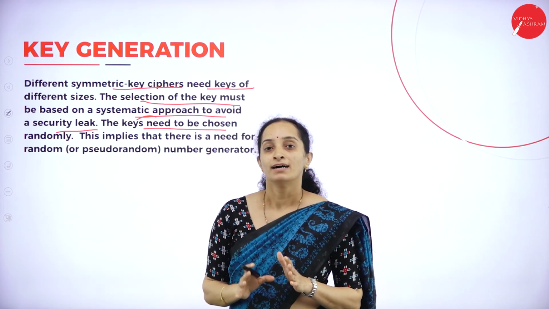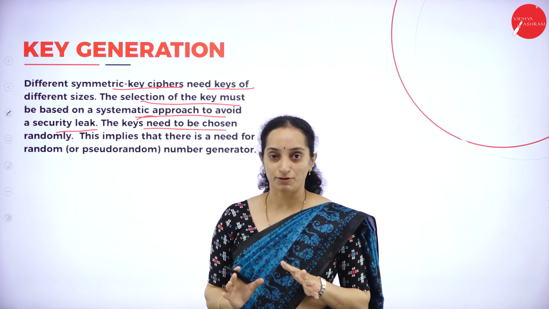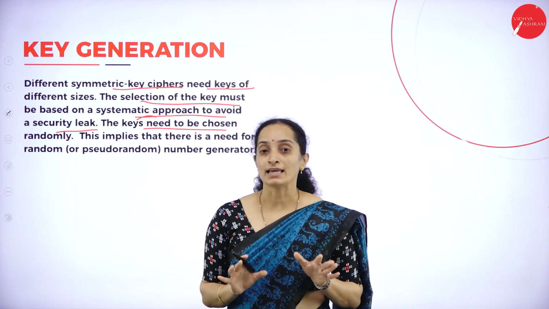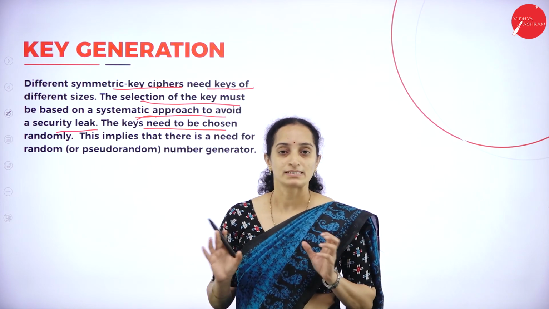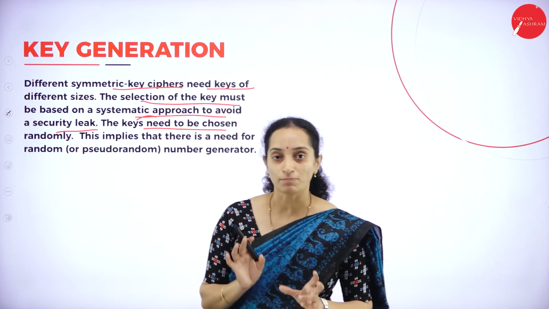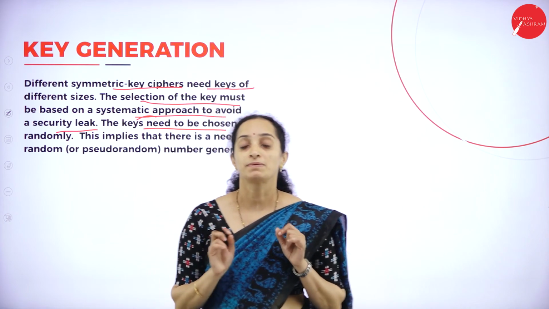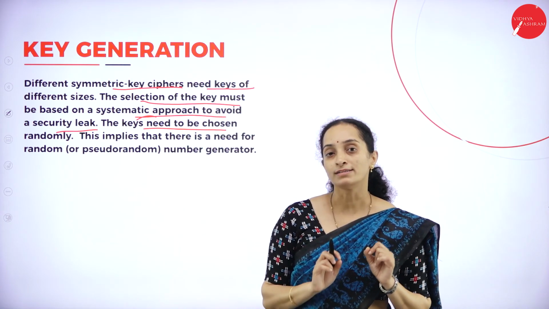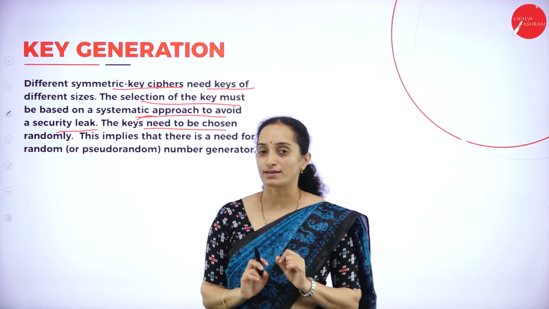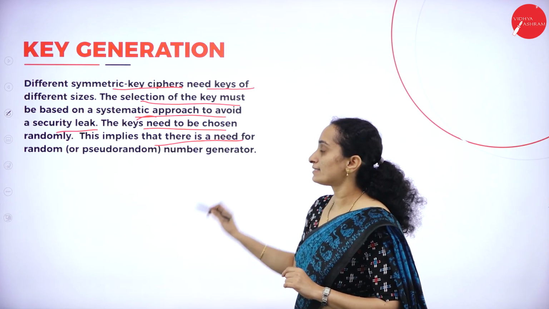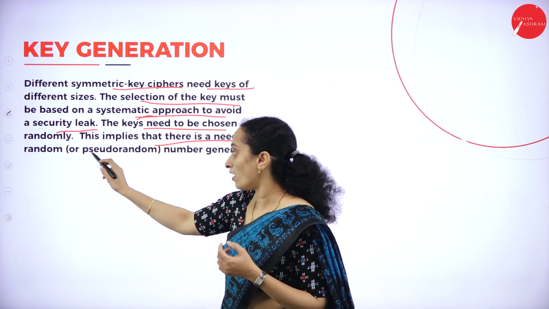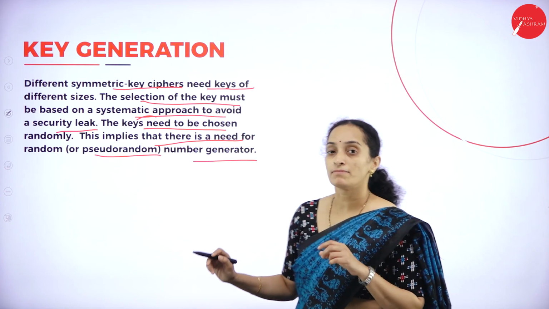The main requirement of any cipher method is that the key must be randomly generated. It must not be sequential. It must be random to avoid attackers getting the cipher text and the key. This implies that there is a need for a random or pseudo-random number generator.